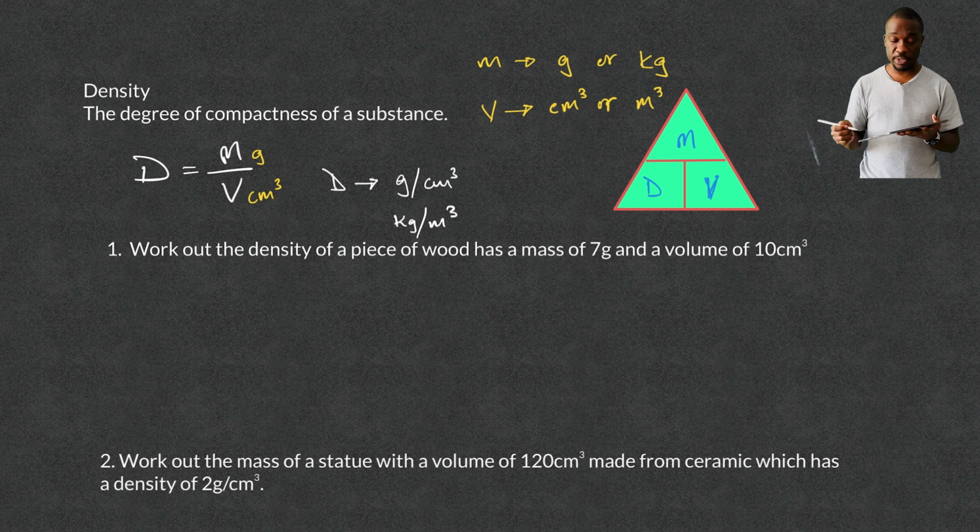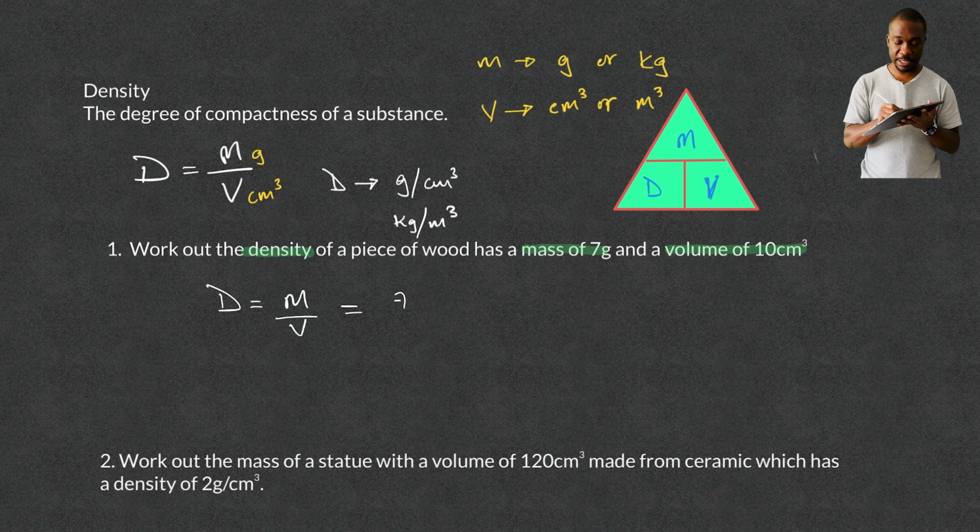Okay, let's begin doing some work then. Work out the density. Okay, that's nice to know. So we're going to just do some highlighting. We're finding the density of a piece of wood that has a mass of 7 grams and a volume of 10 centimeter cube. So this one's an easy one. If you're finding density, it's mass divided by volume.